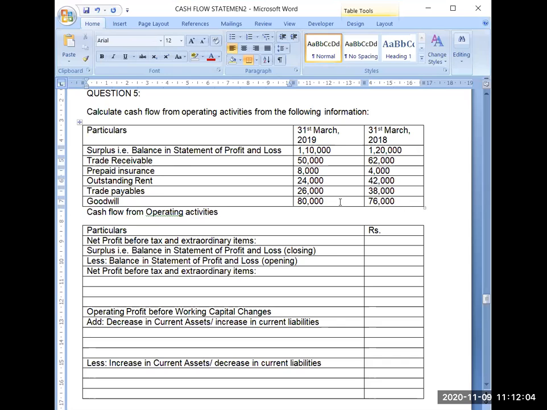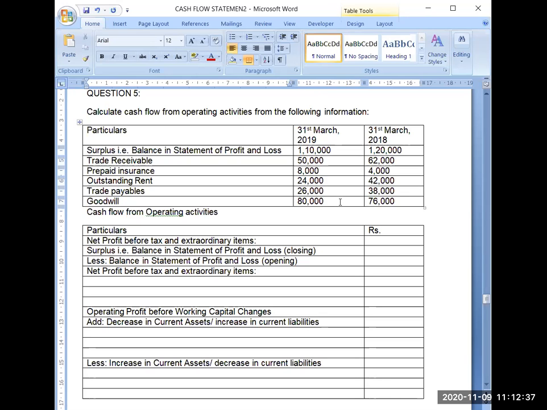Now, when your goodwill can increase, or you can say when any asset can increase, only in one situation: if you are purchasing that asset. In that situation, your value of asset can increase. Now, purchase of goodwill means purchase of an asset, and that purchase of asset is part of investing activity. If it would have been the reverse situation, like if the opening balance was 80,000 and the closing balance was 76,000, in that situation goodwill was reducing, and the reason for reducing may be amortization.